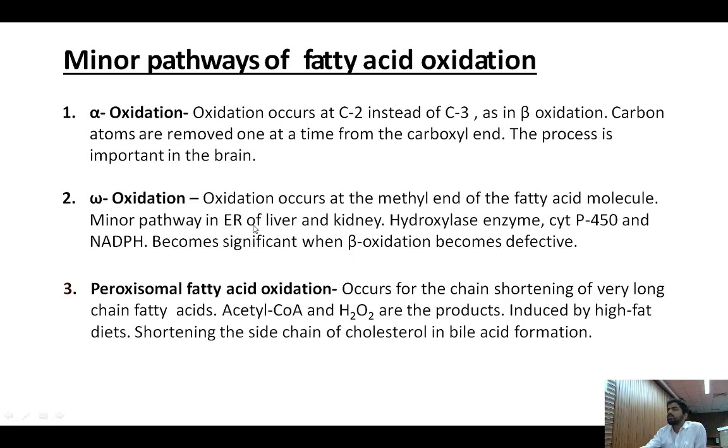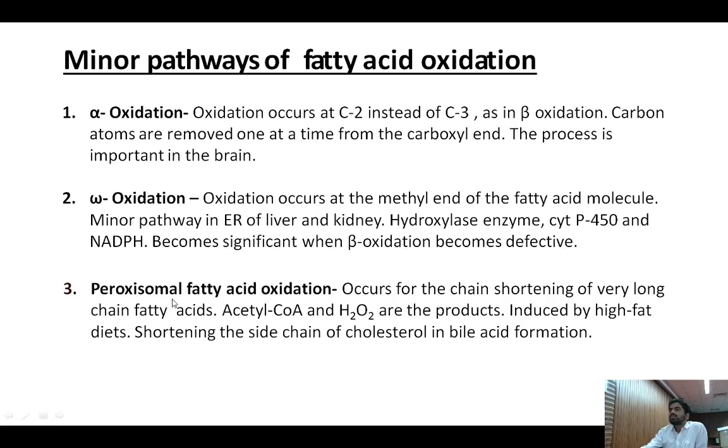Remember, the endoplasmic reticulum of liver and kidney. Here the enzymes required are hydroxylase, cytochrome P450 and NADPH, not NADP, NADPH. This pathway, omega oxidation, becomes significant when beta oxidation is defective in the body.